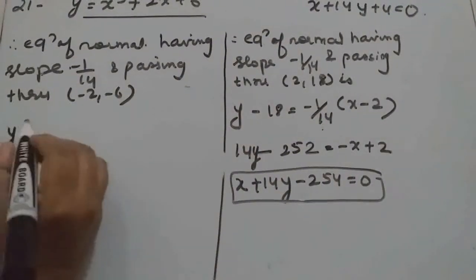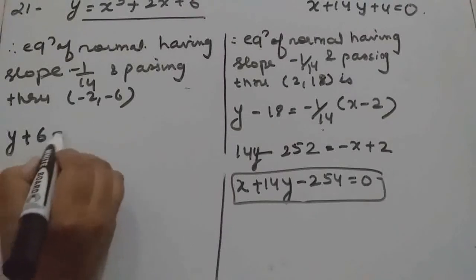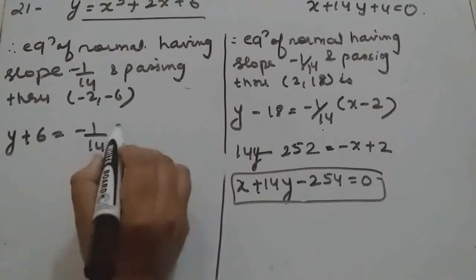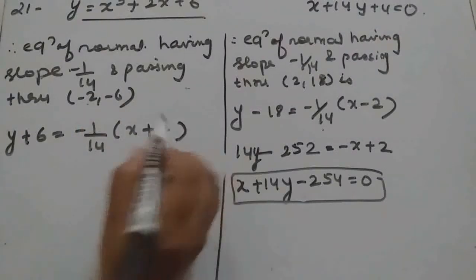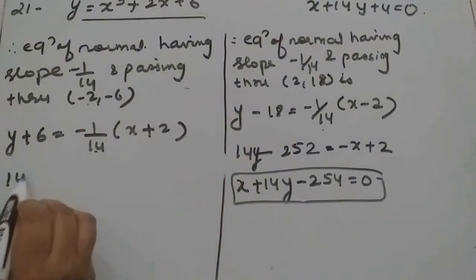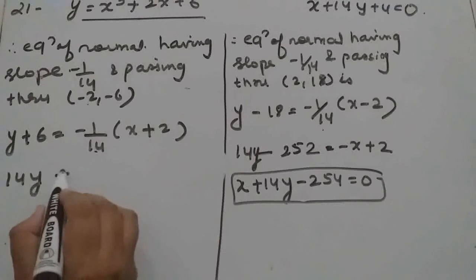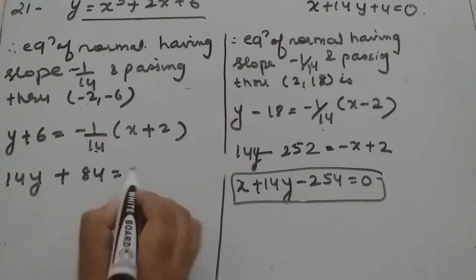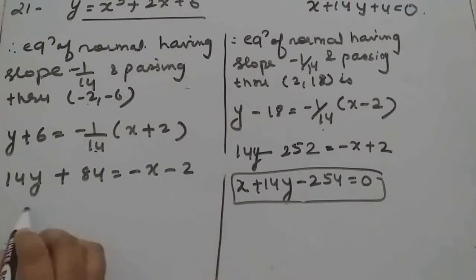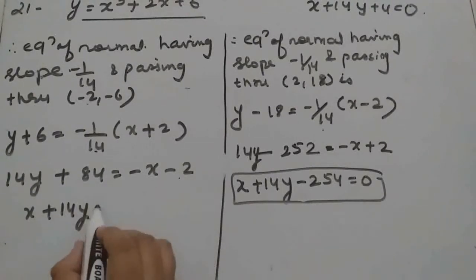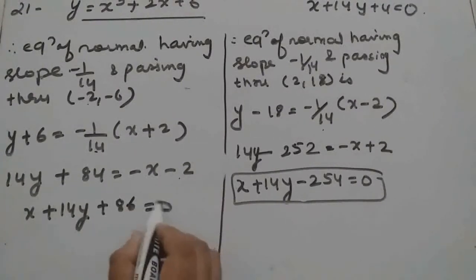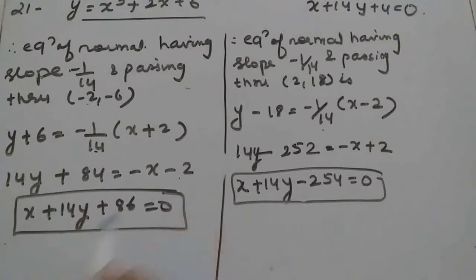So y minus y1, so plus 6 will come, minus 1 by 14, x minus x1, so minus 2 is there, so plus 2 will come. 14 we can multiply here, then minus x minus 2, so x plus 14y, and this minus 2 will come this side, 86 equal to 0. So this is also one of the required equations of normal.